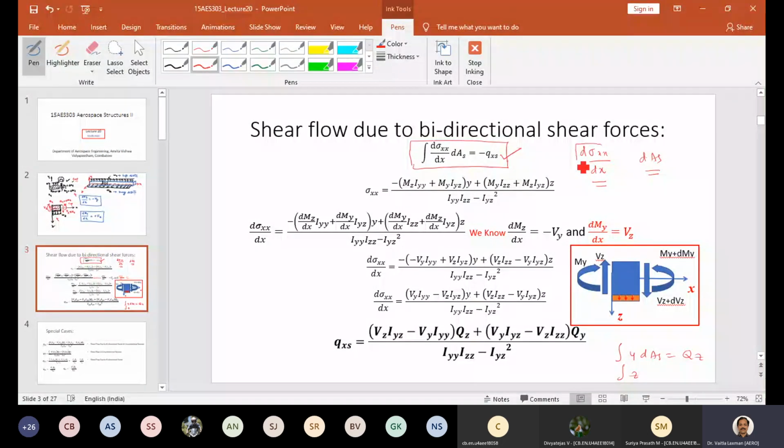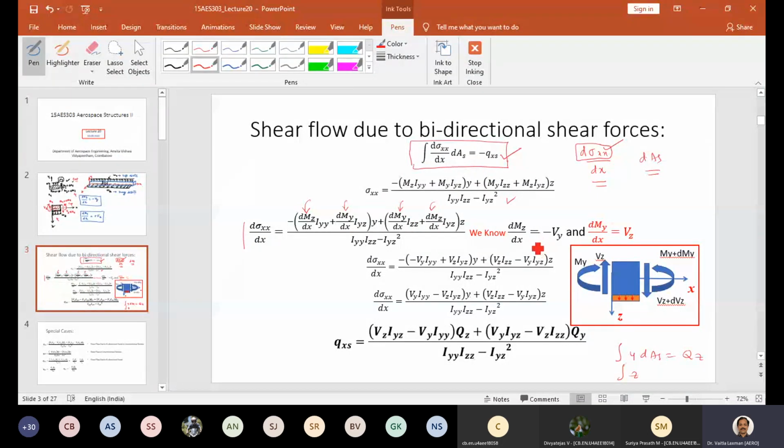Sigma x we know: sigma xx is equal to (Mz Iy plus My Iyz) into y plus (My Izz plus Mz Iyz) into z, divided by (Iyy Izz minus Iyz squared). This we know. So what did I do? I differentiated with respect to x. Then I get dMz/dx, dMy/dx, dMy/dx, dMz/dx.